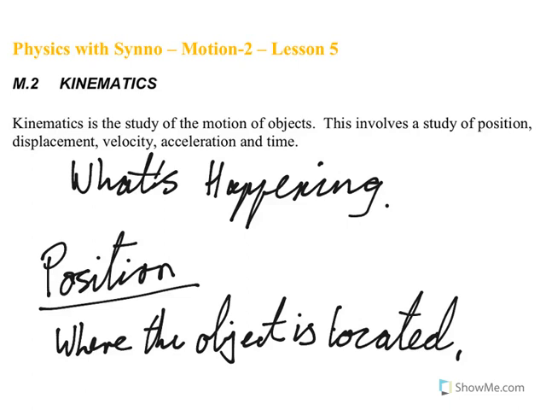Alright, so it tells us where. The symbol that we use for it is an X, and the unit is meters. So it's so many meters from a particular zero position, wherever that may be.